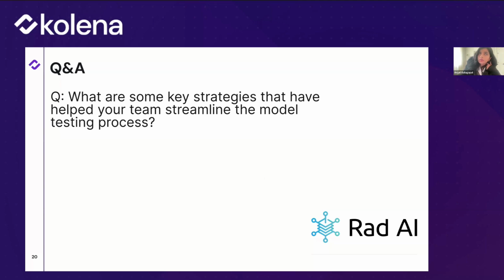So when you talk about streamlining the model testing process, I feel like that has been a part of continuous improvement for us. We've just incrementally kept adding things that streamline the testing process. So one is version control for models and data.